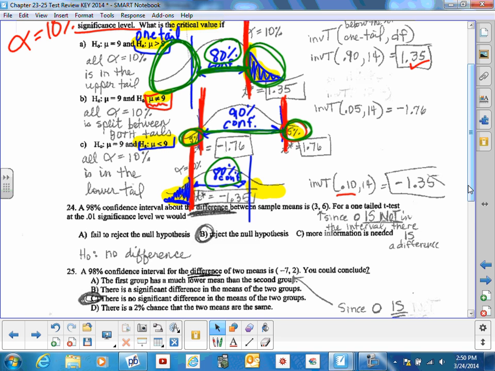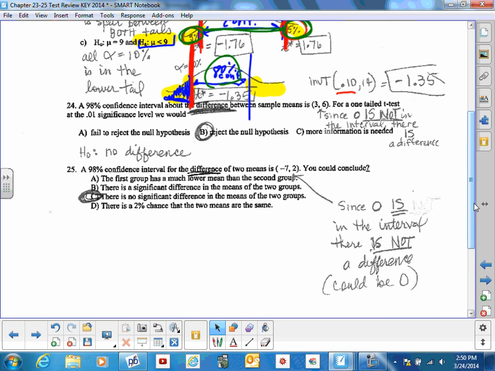All right, then the final 24 and 25 are about this being a problem about the difference. So since this is about the difference, I'm interested in if 0 is in the interval. And as you can see on 24, 0 is not in the interval, so I am confident of an actual difference.